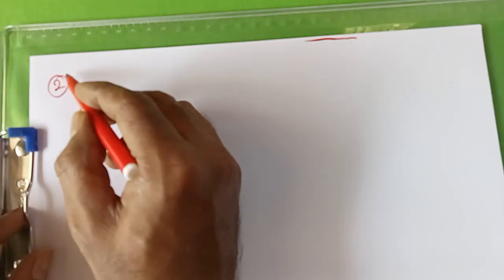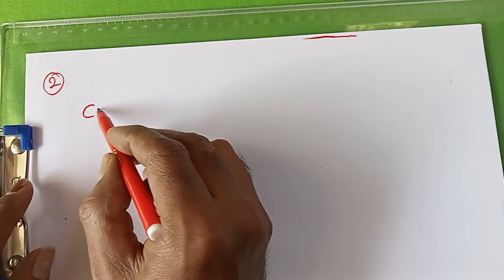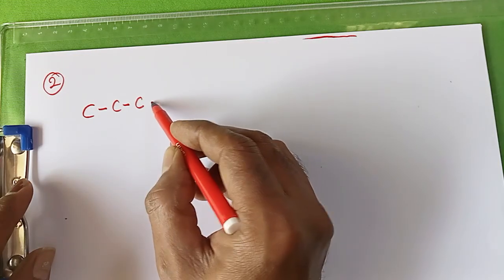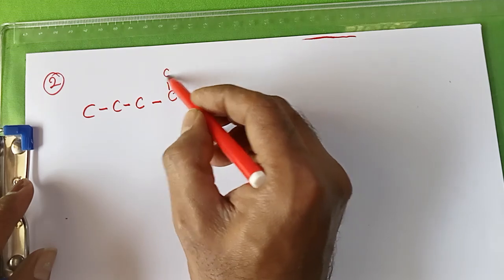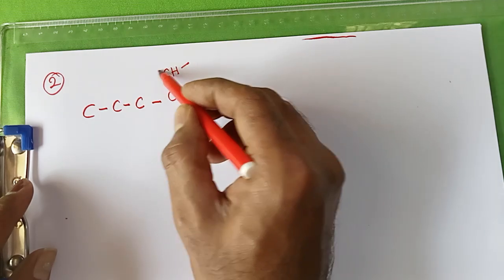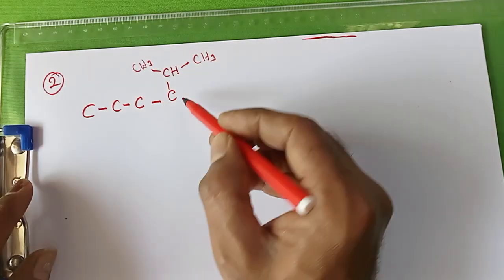Next, we see another example. Another NCERT example. Whatever it is, number it. C, again C here, one branch I take this CH3 and CH3.